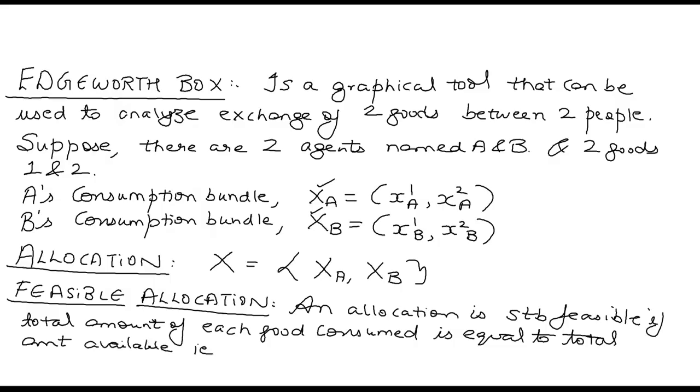That is, the total amount of good 1 consumed by agents A and B is equal to the total amount of good 1 available in the economy.